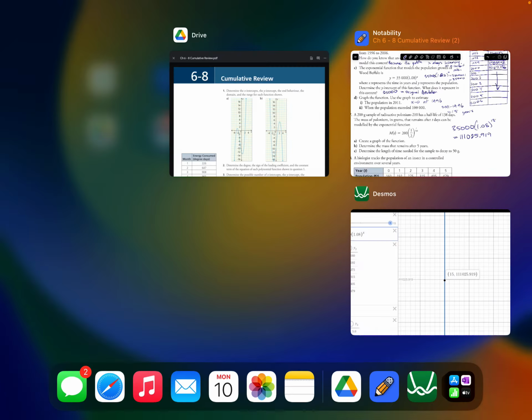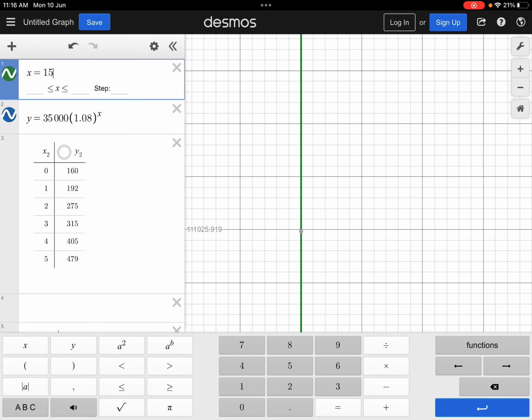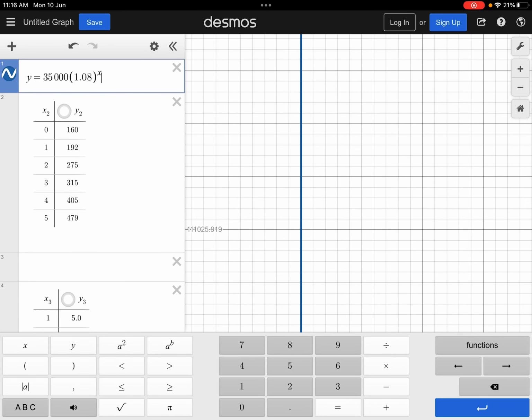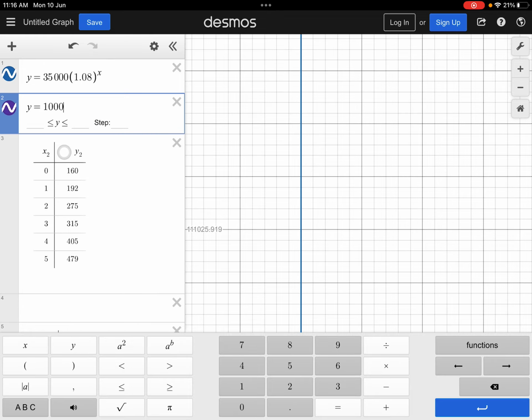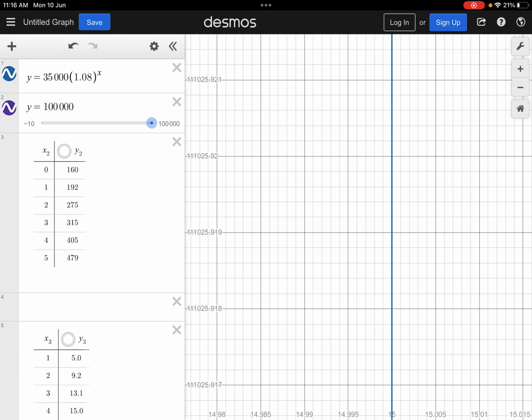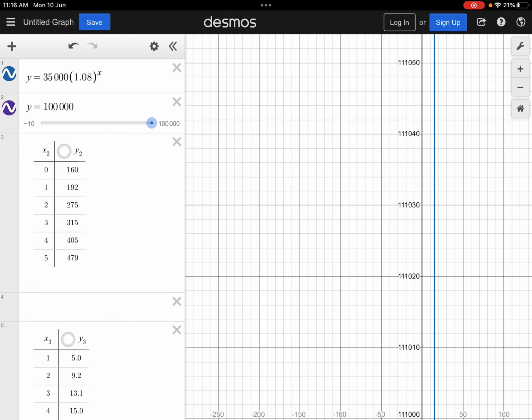When the population exceeded 100,000. So then just change this function to say y equals 100,000. Zoom out, tons.